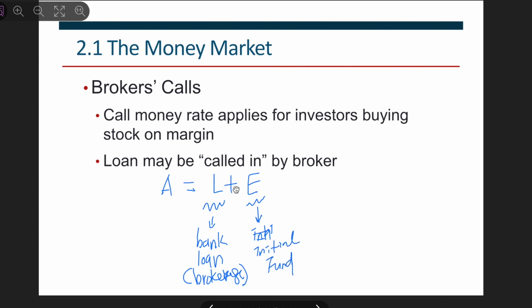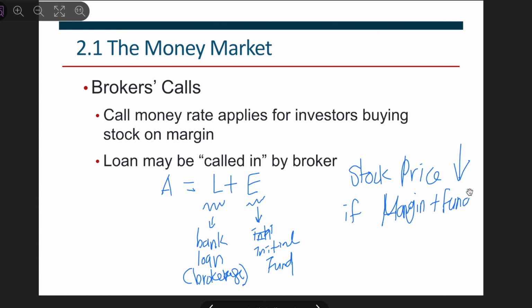So what happens if my equity decreases? The liability keeps the same value and the asset decreases. That's when the stock price goes down. If you invest the margin loan plus your funding to purchase stock, and the price goes down, you'll get a margin call, right?